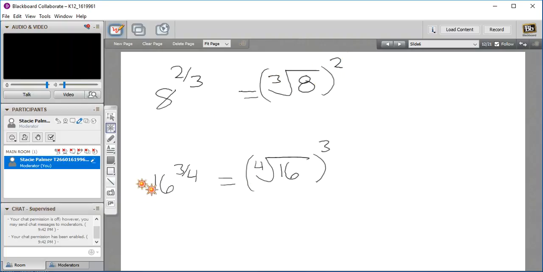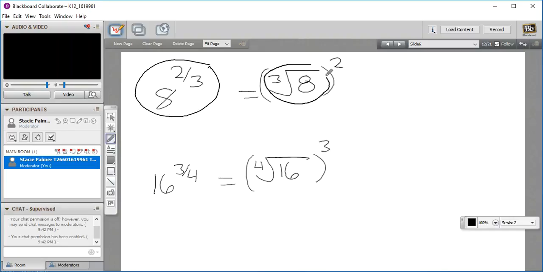Okay, let's look at this one. 16 to the 3/4 power. Okay, this becomes the 4th root of 16 raised to the 3rd. Okay, now to figure out what this is, 8 to the 2/3, we need to figure out what the cube root of 8 is.